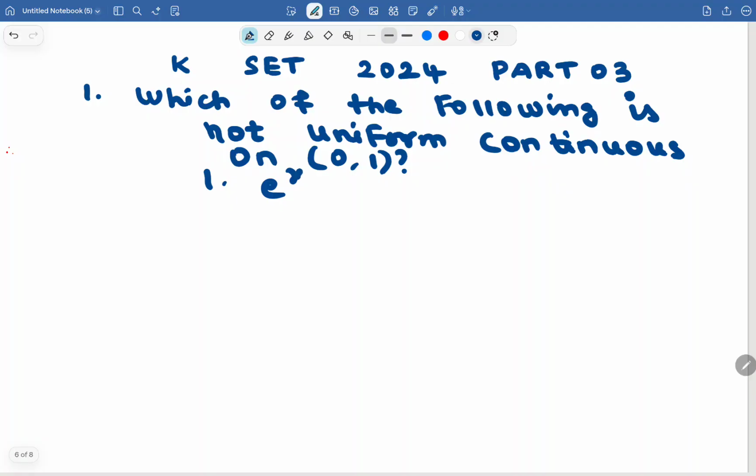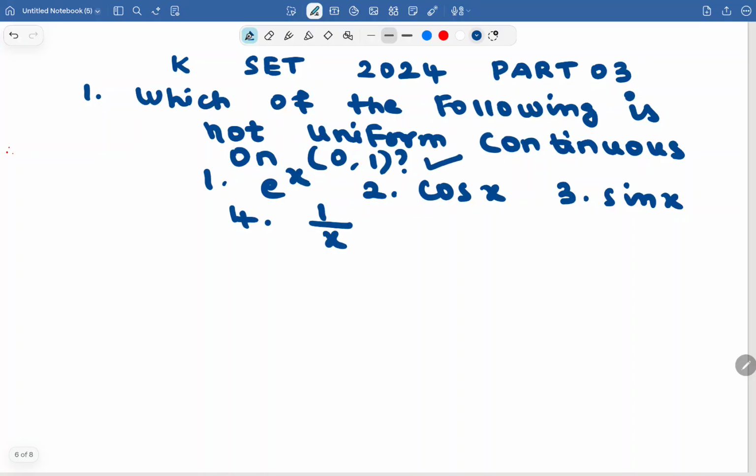First option e^x, second one cos x, third one sin x, fourth one 1/x. From the following 4 options, we have to check which one is not uniformly continuous on the open interval (0, 1).